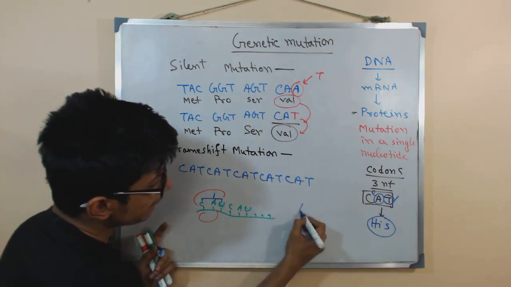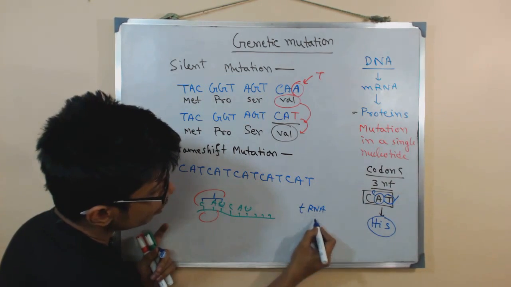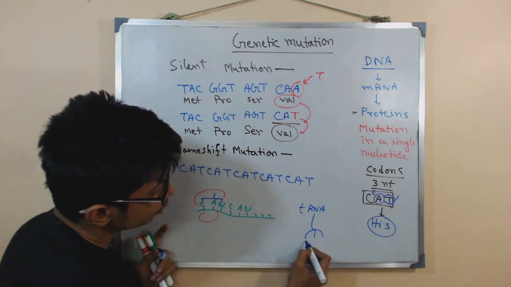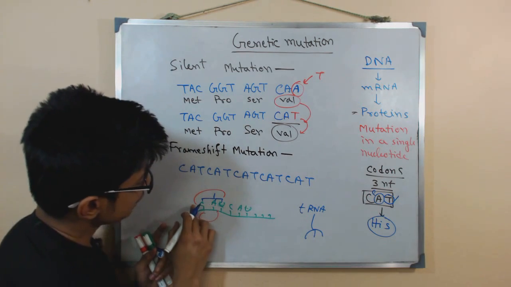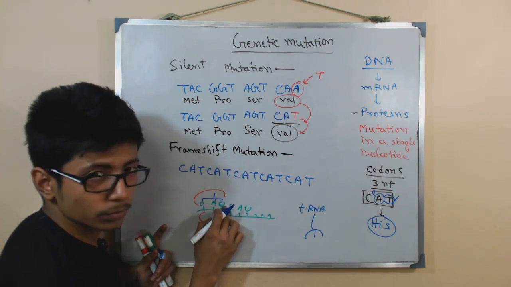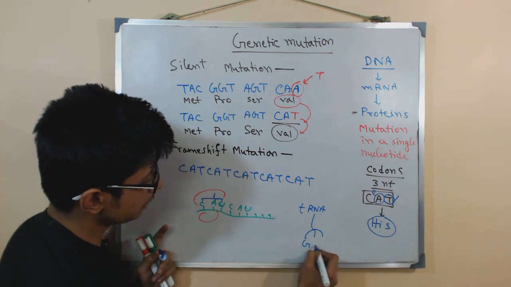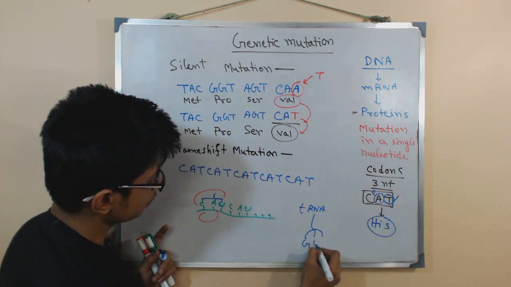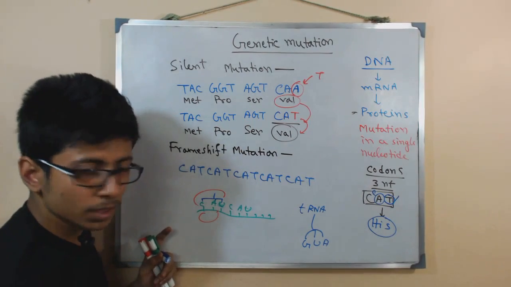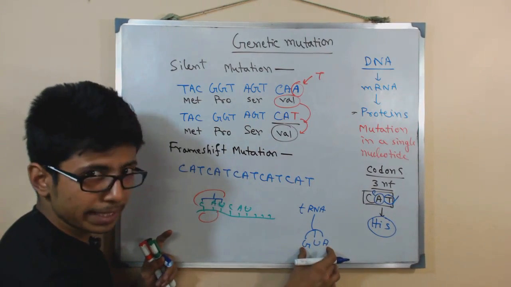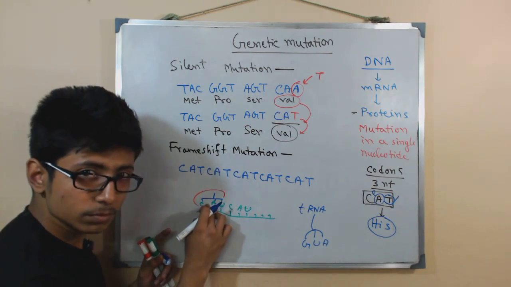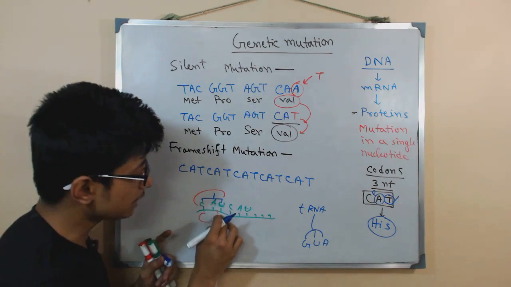So there is a tRNA which also has an anti-codon loop exactly to bind with CAU, right? So it should have GUA. So this tRNA with GUA can actually pair with CAU, which is the codon present in the mRNA.